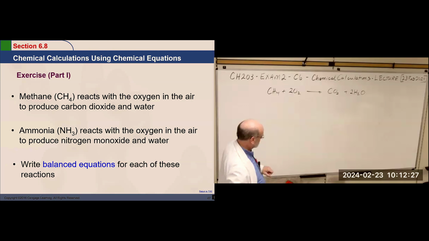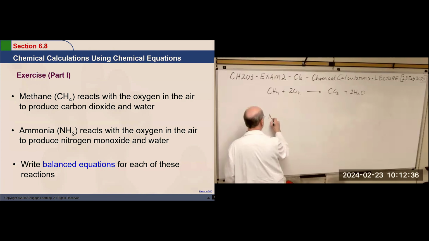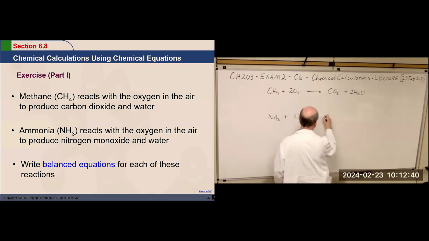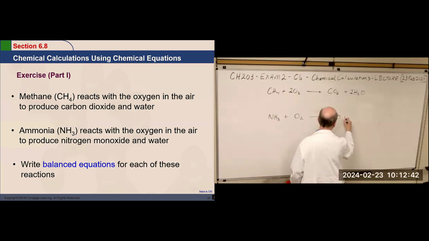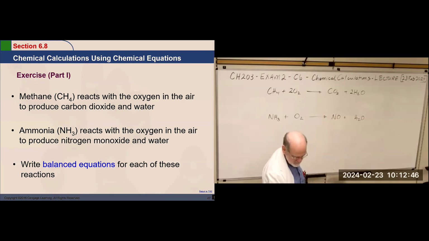Some of these are simple enough you don't have to set up a budget. We are going to do a budget with ammonia. Let's take ammonia plus oxygen yields nitrogen monoxide plus water, correct? Yeah.